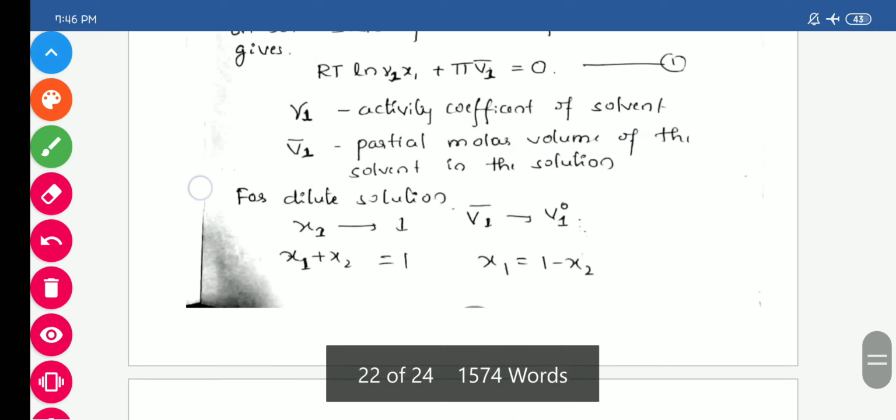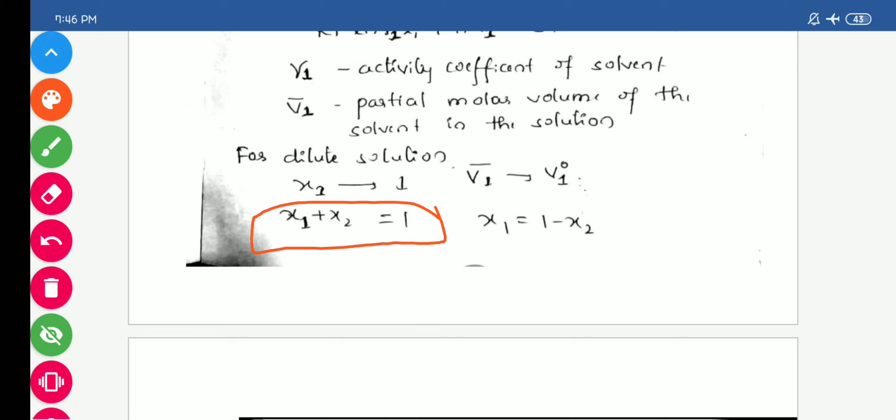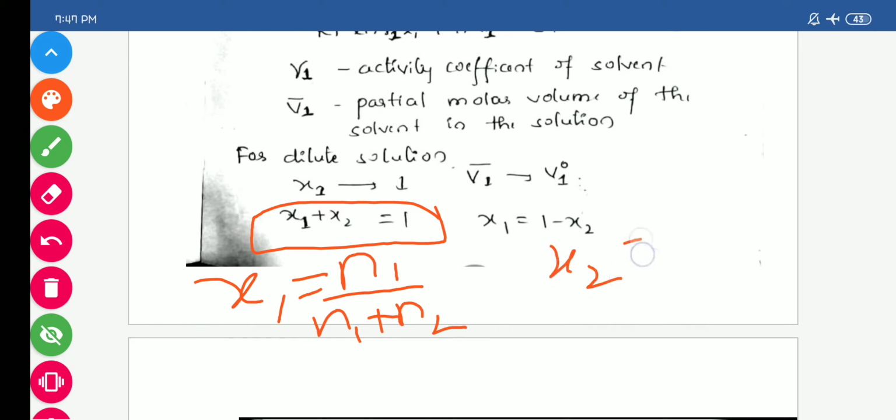Then for a dilute solution, what happens? x1 tends to 1. Why? Let me explain. x1 plus x2 is equal to 1, a condition you already know. For example, x1 is equal to N1 divided by N1 plus N2, the mole fraction expression, and x2 is equal to N2 divided by N1 plus N2, where N1 and N2 are the numbers of moles and N1 plus N2 is the total number of moles of the solution.